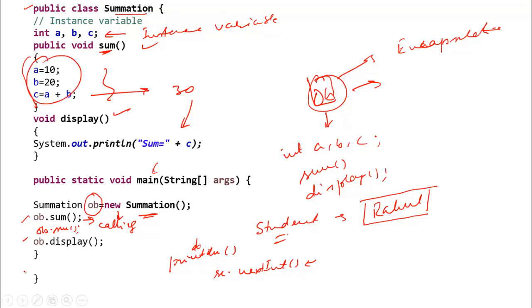Suppose you have a project with a method of 100 lines, and you need to call this method 10 times.